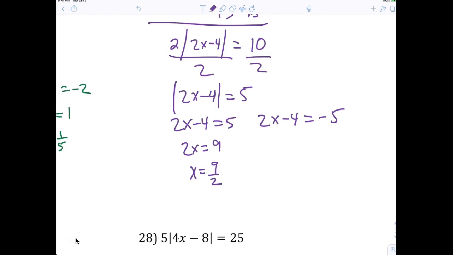Let's do the other half now. Plus 4 plus 4. 2x equals negative 1. And so, x equals negative 1 half. Yes, x equals negative 1 half. Amazing, actually.